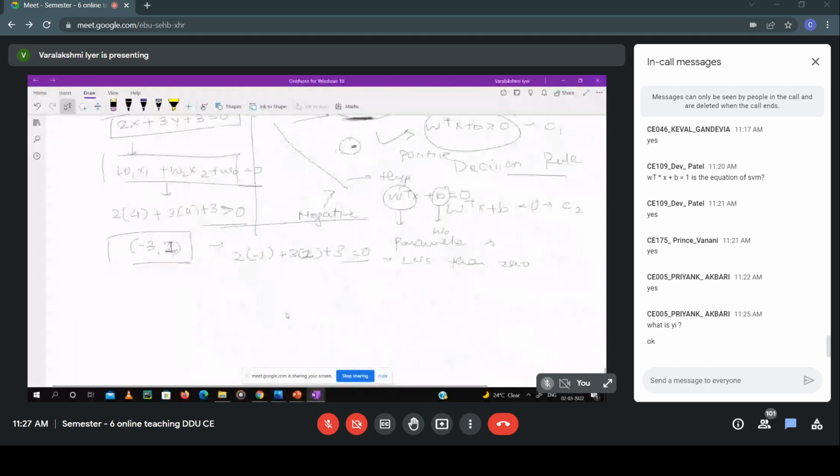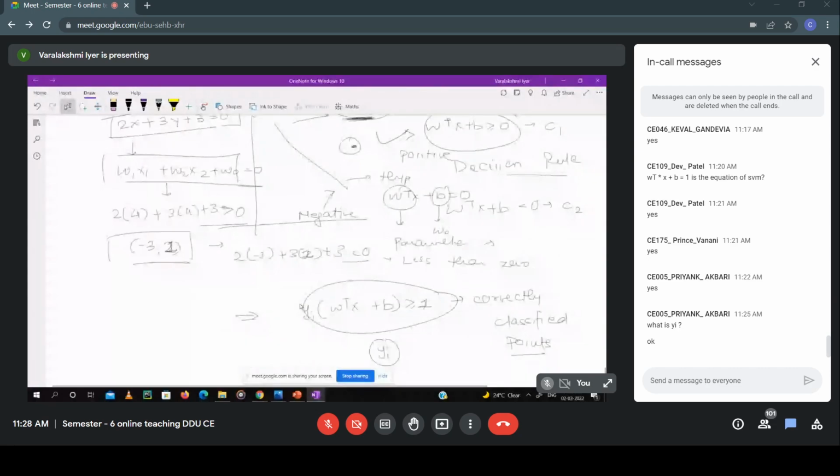But in this case, what we are saying is that yi into W transpose X plus B is always greater than or equal to 1 for all the correctly classified points. Why is it greater than or equal to 1? yi can take two values, 1 and minus 1.